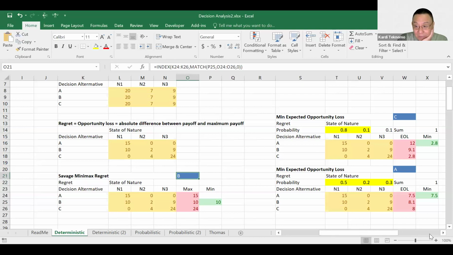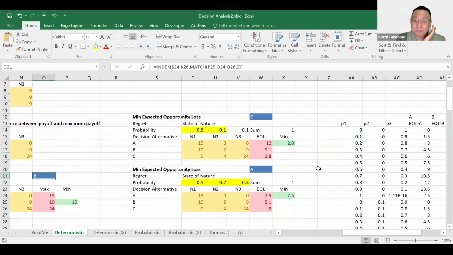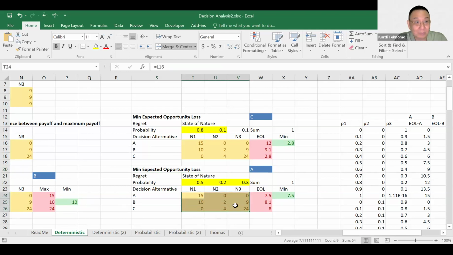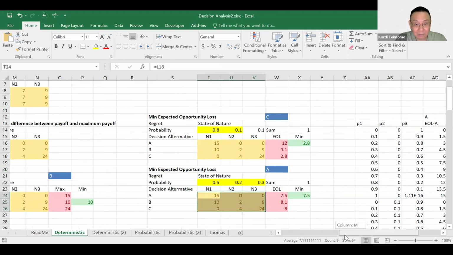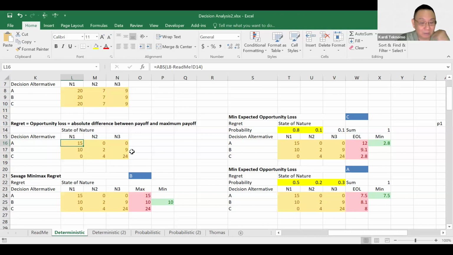Now, if you are using minimum EOL, here you can set this probability, and we already know the value of regret. I just copied this from L16, which was computed last time already, based on maximum minus the gain.